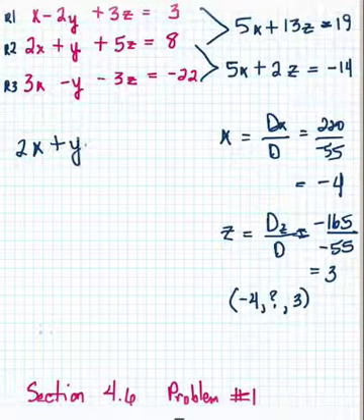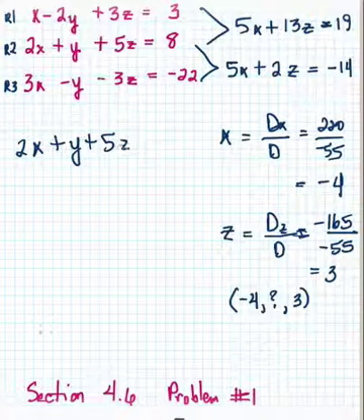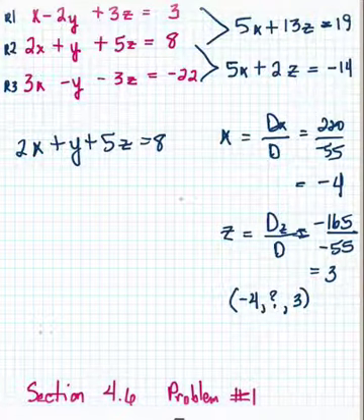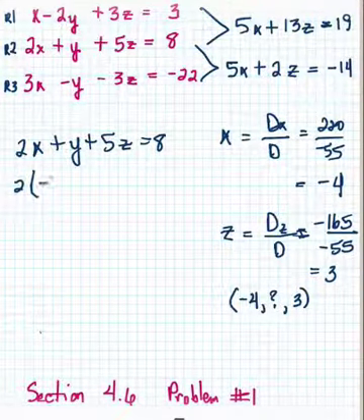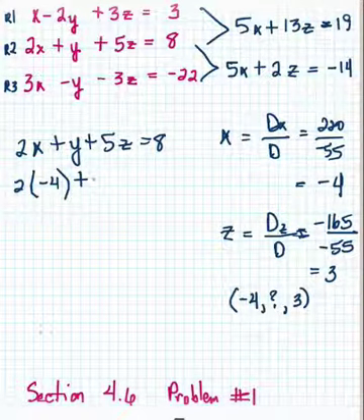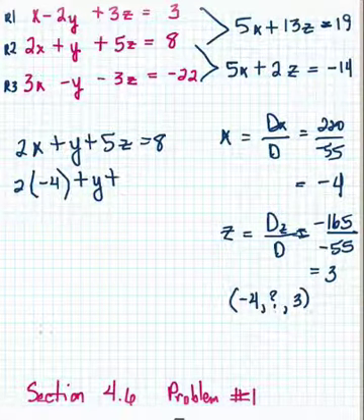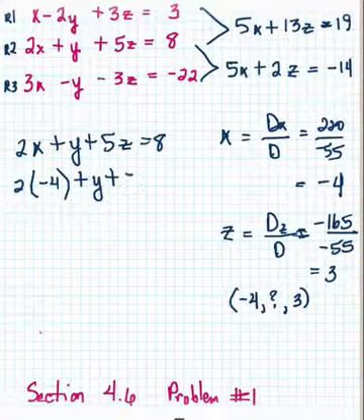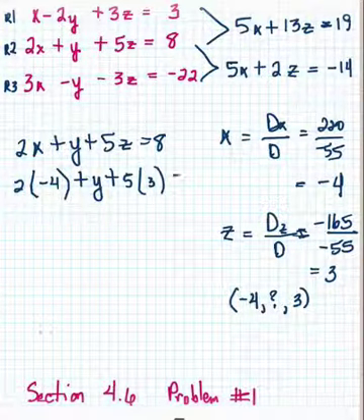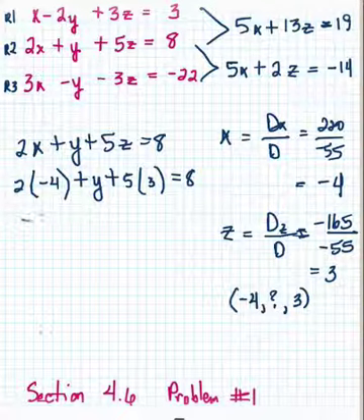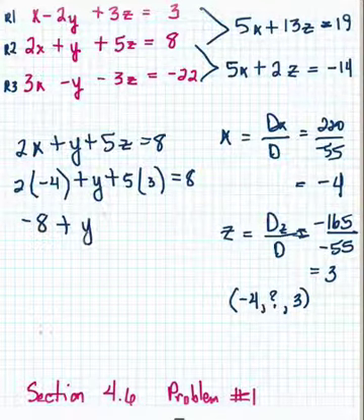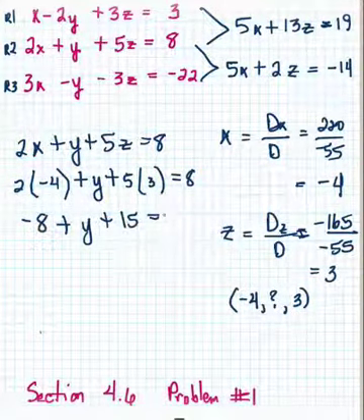2x plus y plus 5z equals 8. So let's see. 2 times negative 4 plus y plus 5z, 5 times 3 equals 8. So negative 8 plus y plus 15 equals 8.